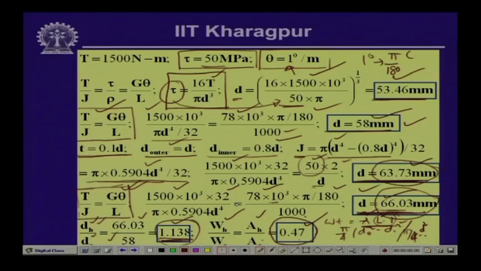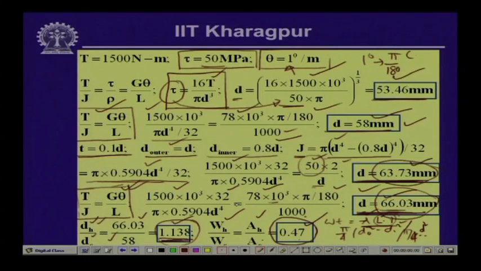But weight wise, since in the hollow bar we do not have material at the core, naturally there is a reduction in weight, and the ratio of the weights between the hollow bar and the solid bar is almost half. The weight of the hollow bar is 0.47 times the weight of the solid bar.